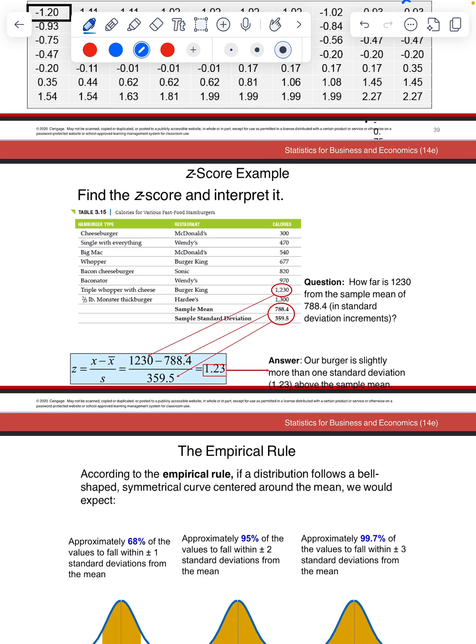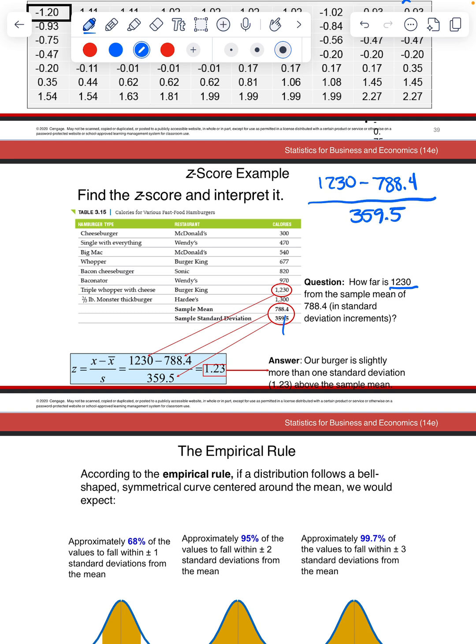Another example would be, and you are going to be learning to interpret it, but here you have the caloric value of hamburgers in fast food. And you're looking at how far is 1230 from the sample mean of Burger King. So if you're looking at the z-score, you've got Burger King's hamburger is 1,230 calories minus the mean caloric burger of 788.4 over the standard deviation.